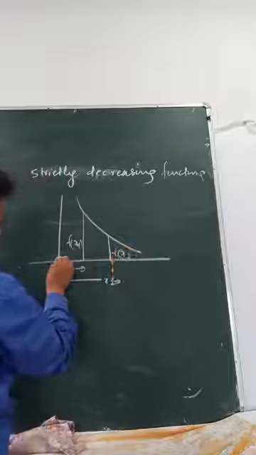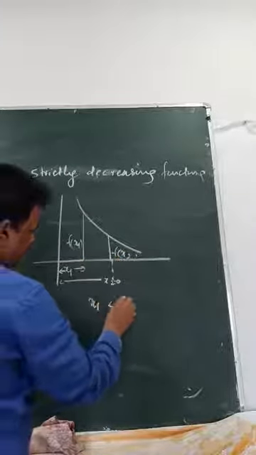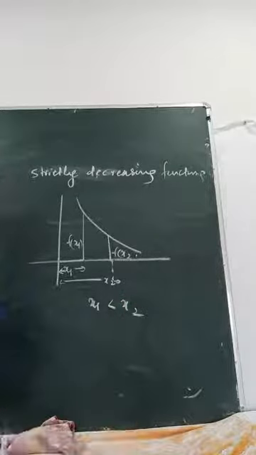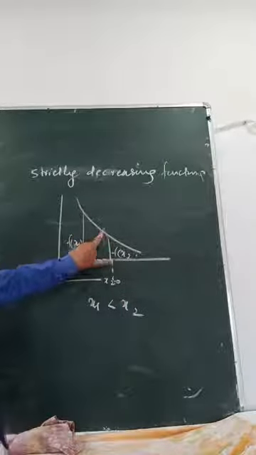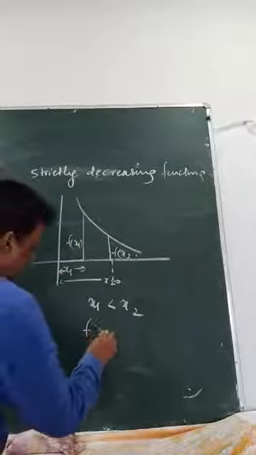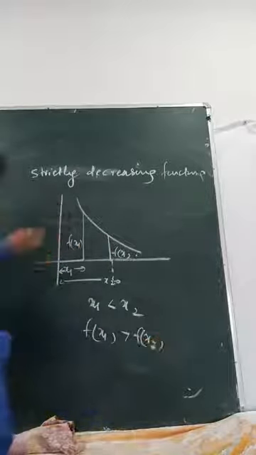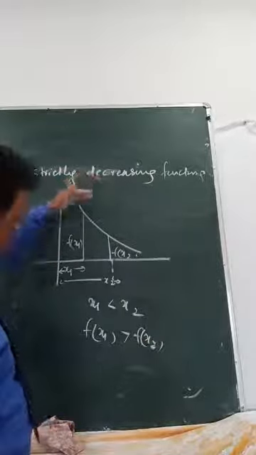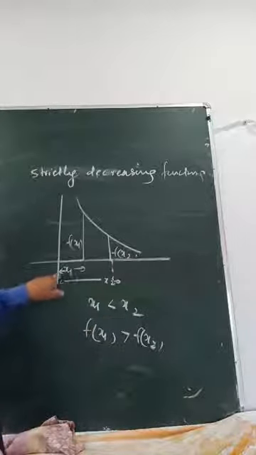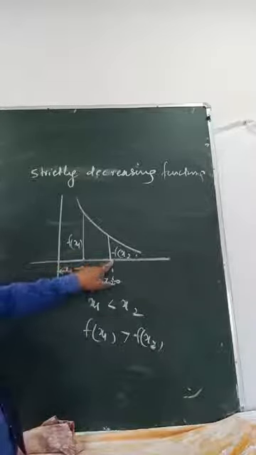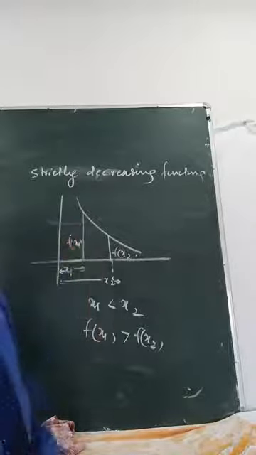You can see x1 smaller than x2, but your f(x1) is greater than f(x2). So that is called strictly decreasing, means totally declining here. So observe it very carefully. x1 smaller than x2, then f(x1) greater than f(x2).